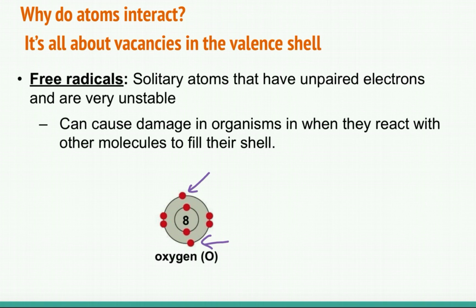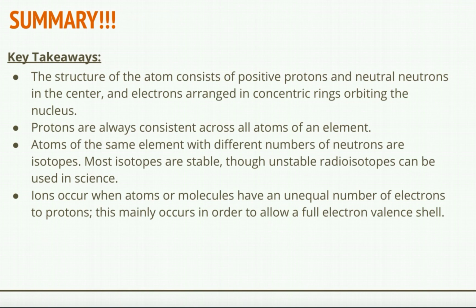And free radicals are actually very dangerous in our body, because in their effort to get other electrons, they may pull that electron and create damage inside another molecule in your body, like your DNA or your proteins. So that's why people sometimes talk about free radicals in terms of health. So just a heads up, that's its significance, and free radicals might come up later on as we talk about photosynthesis in future units.